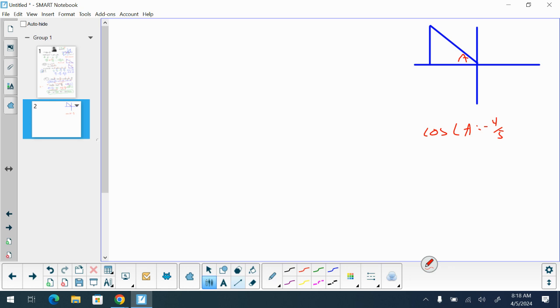Cosine of angle A is -4/5, so put where you need to put where. Cosine is defined to us as adjacent over hypotenuse. What is our third side? What's the opposite side? 3. Opposite side is the value 3. 3, 4, 5 triangle.